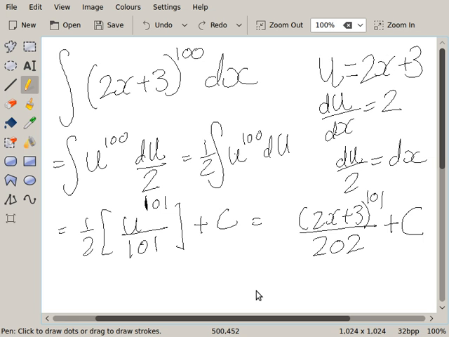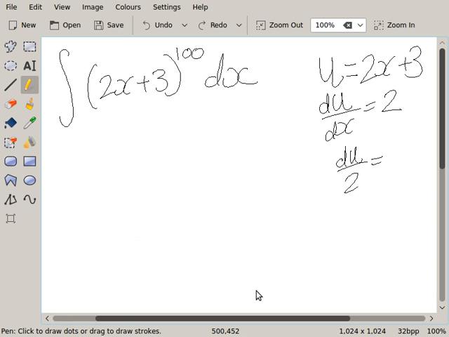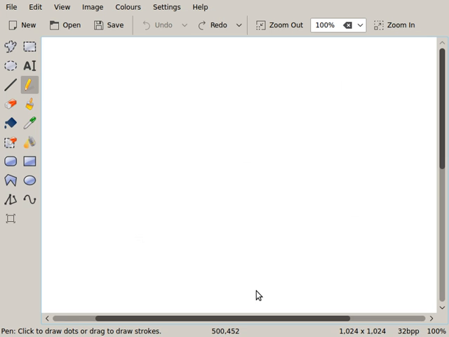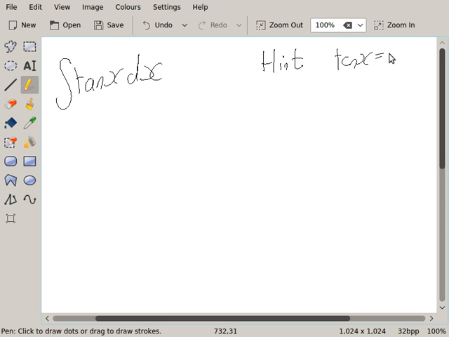Can I remove this? Yes? Try this one. And I'll give you a hint. Tan x equals sin x over cos x.